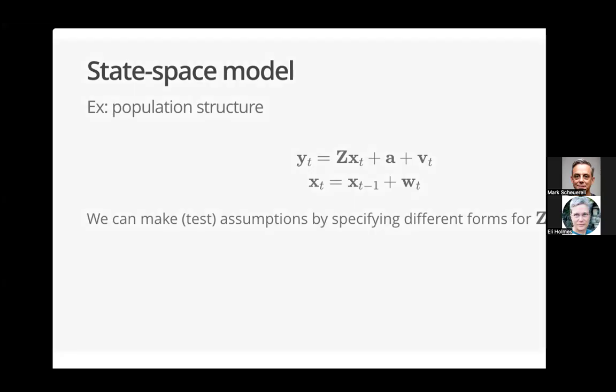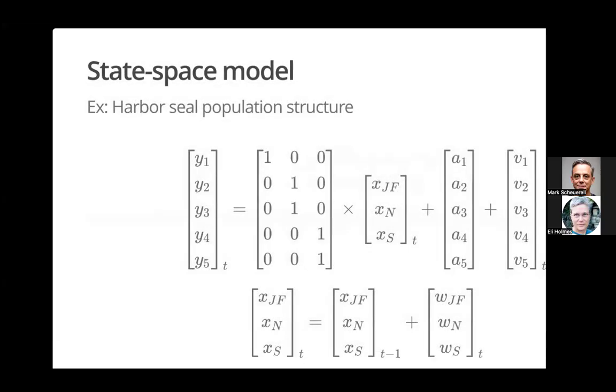So that's pretty straightforward, right? Here was a situation where we had counts at 5 different locations. One of our possible models was: count 1 comes from the Strait of Juan de Fuca, counts 2 and 3 are in North Puget Sound, and counts 4 and 5 are from South Puget Sound.